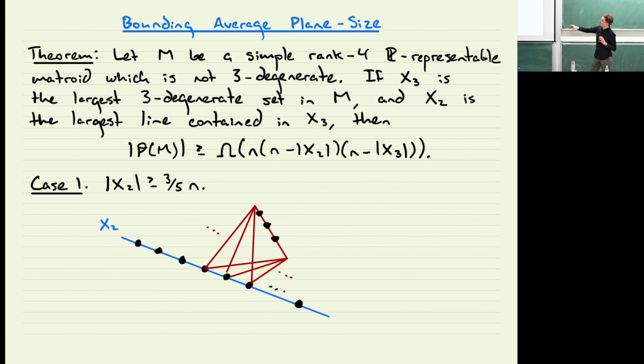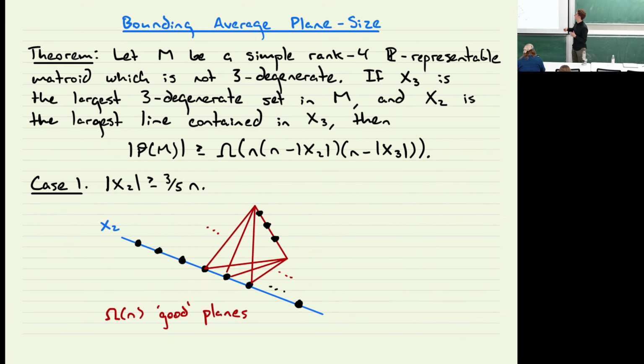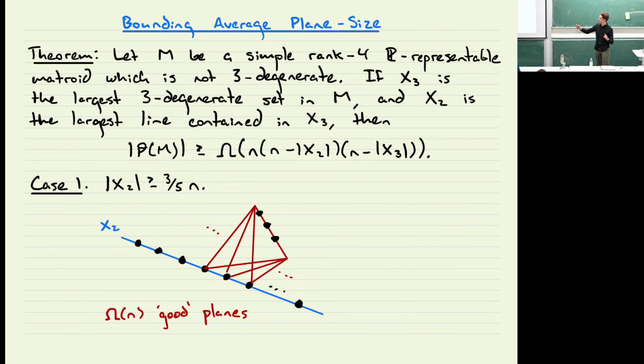And because x2 is significantly larger than 1/2 the size of the matroid, linearly many of these planes are going to be good in the sense that I just described. You have so many planes here that you have a very good proportion of them which avoid hitting any other point in the leftover set. So those are good planes for counting.